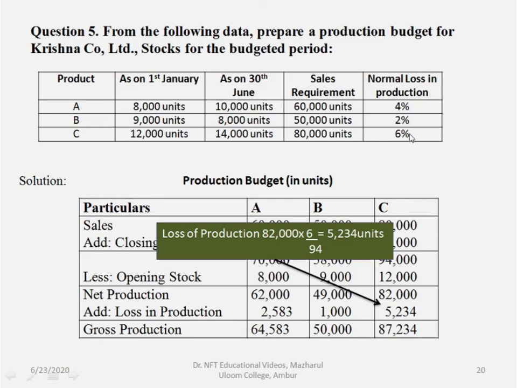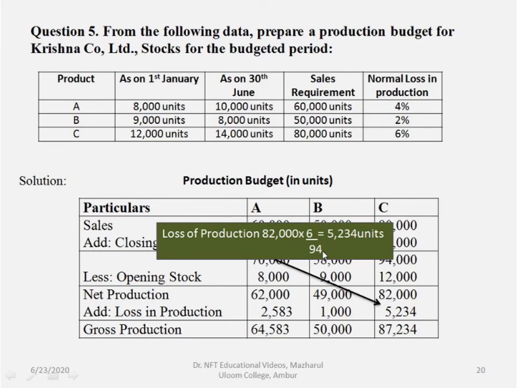The same way for product C, the normal loss in production is 6%. It means for 100 units produced, 6 units are lost. So we calculate 82,000, the net production, into 6 divided by 100 minus 6, that is 94.